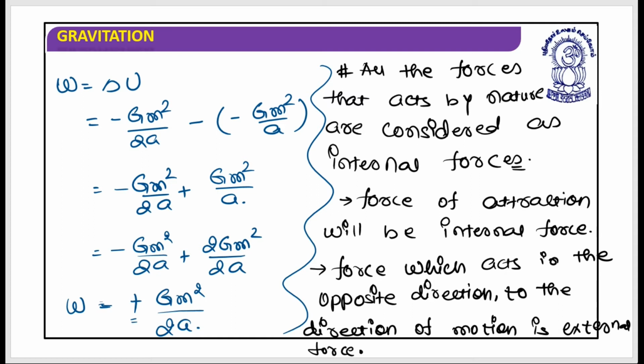So gravitational force is always attractive in nature, so the force of attraction will be considered as an internal force, and the force which is acting in the opposite direction to the direction of attraction will be treated as the external force. I hope this is clear. Is it clear up till now? Are you sure?